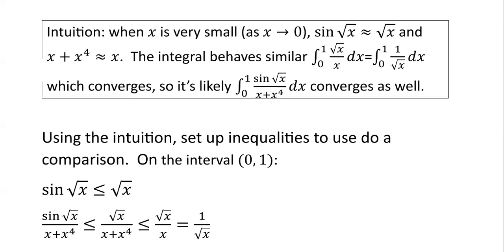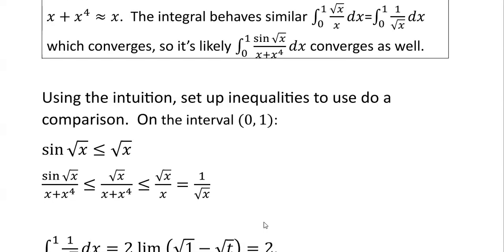We're dividing by something bigger, even though x is from 0 to 1, we're still dividing by something bigger. Therefore, this guy's going to be smaller. And this we can simplify to 1 over square root of x. This is what we were saying in the beginning. This is the intuition we had. So we could use this as our direct comparison, now that we showed our work.